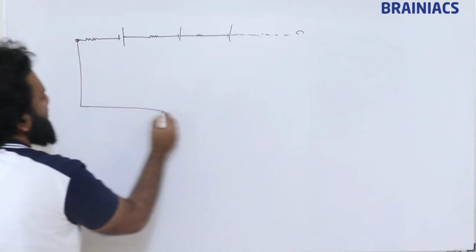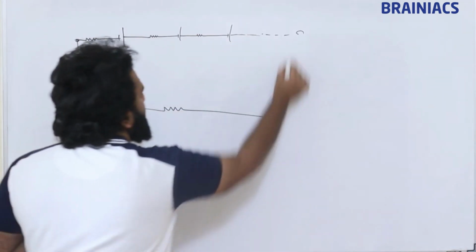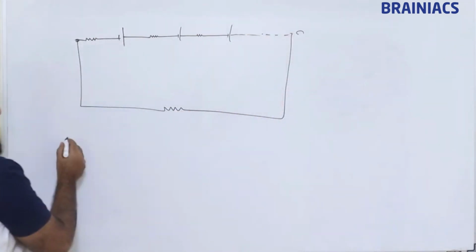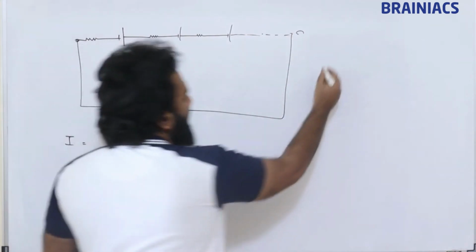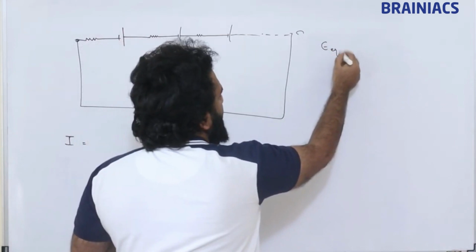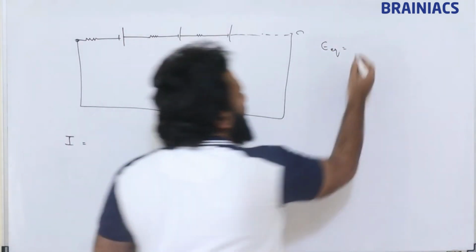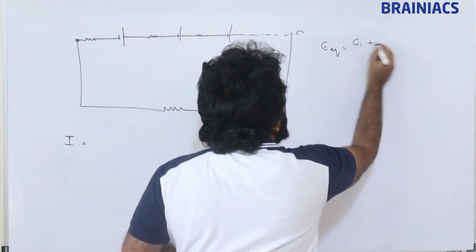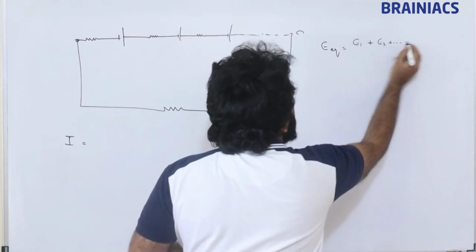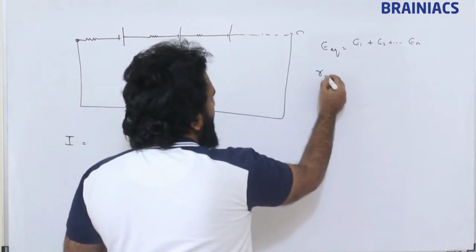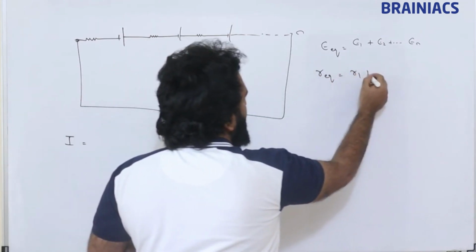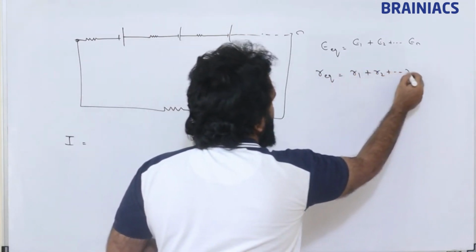So external resistance can be like this. So here the equivalent EMF was E1 plus E2 plus just up to En, and R equivalent was R1 plus R2 plus up to Rn.